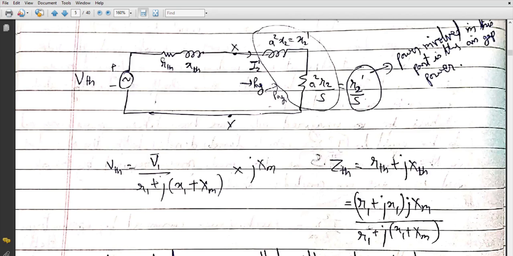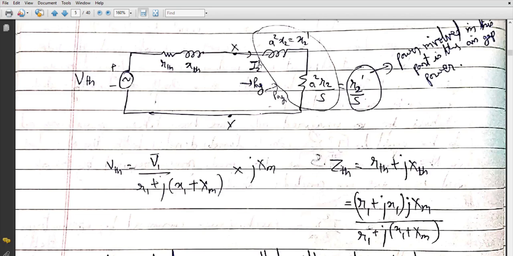Replace RTH directly by 0, XTH directly by 0. Now see, the circuit becomes very easy. As soon as they say neglect the stator impedance, the circuit becomes very easy. Directly V1, the applied voltage, and then these are the rotor parameters which you need to take into account.